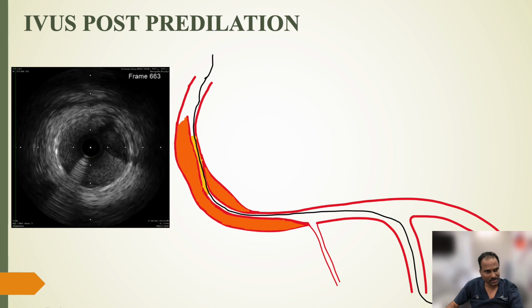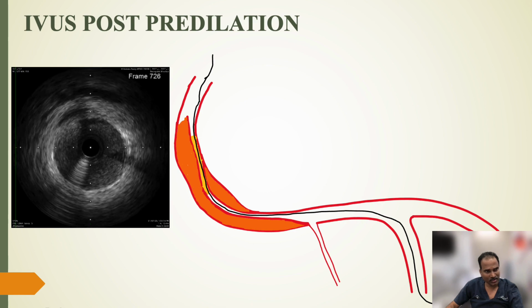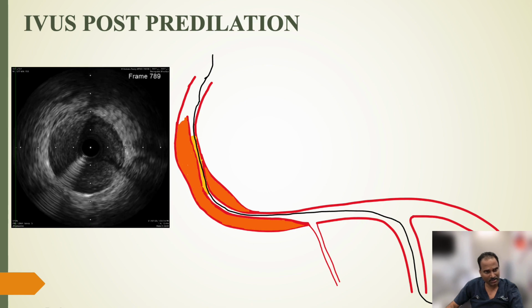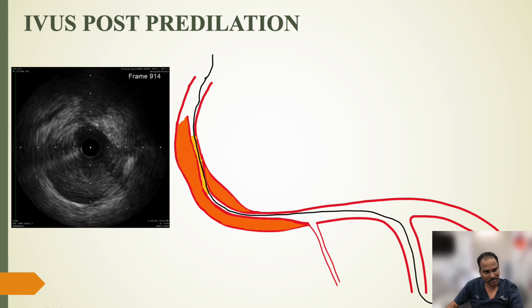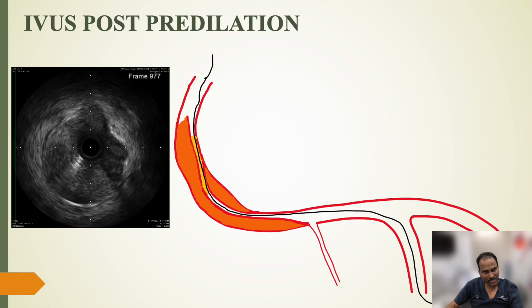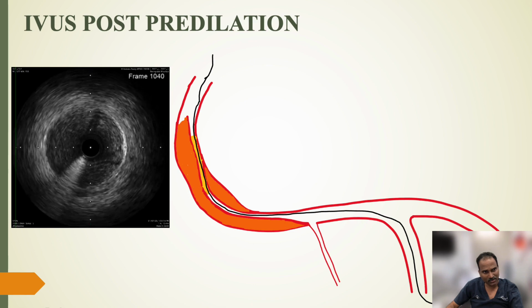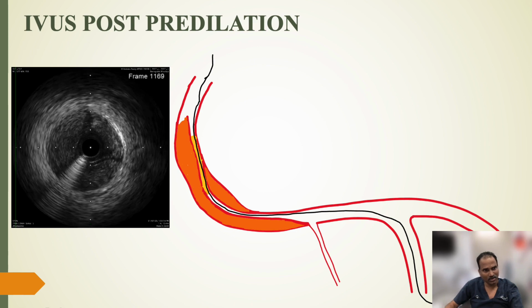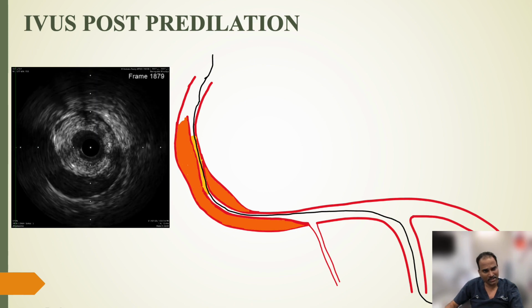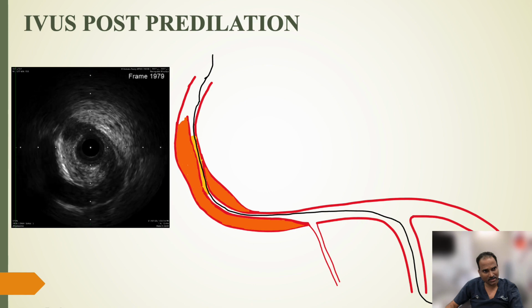This is all intramural hematoma, and the true lumen is completely compressed, and you can only see the IVUS in the true lumen, and all the branches are coming from the true lumen, which you can appreciate here. So no branches from the false lumen. That's how there is a very significant intramural hematoma.